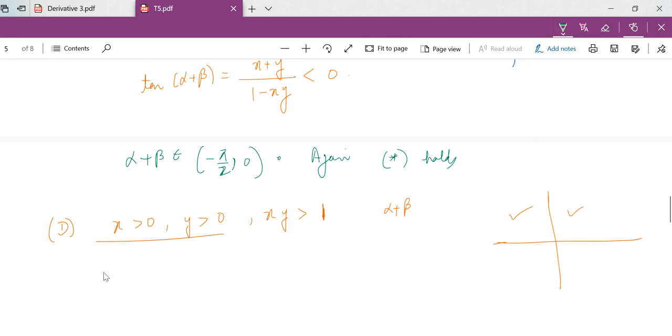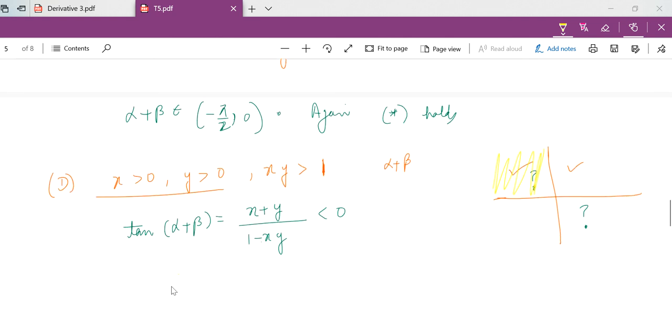Now, again the same old thing we are going to do. Look at what is the sign. That will be definitely negative. If you have been with me, you would know that the numerator is positive and the denominator is negative, so this is negative. What does that mean to say? Negative means either you are here or here. Tan of an angle is negative either in the second or fourth.